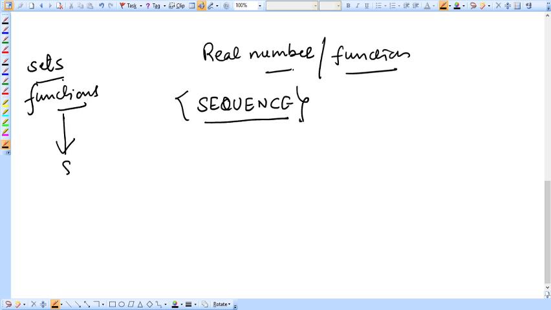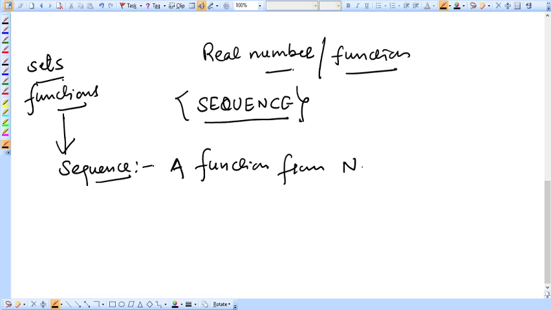A sequence is a special type of function. What is special in it? A function from natural numbers to real numbers is known as a real sequence.